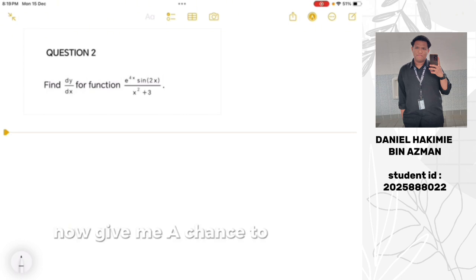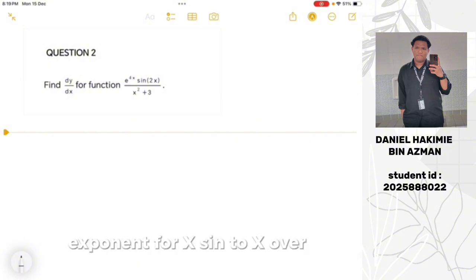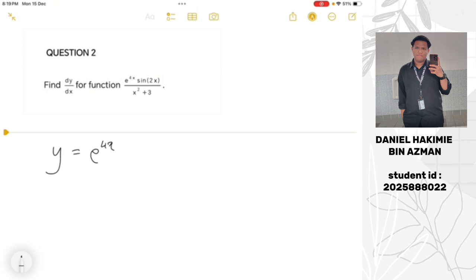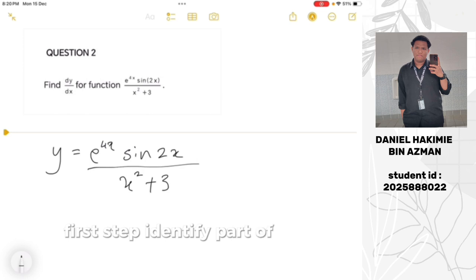Now give me a chance to solve my question. My question is to find dy/dx for the function e^(4x) sin 2x over x^2 + 3. First step, identify the parts of the function.